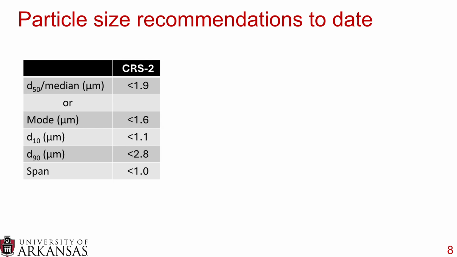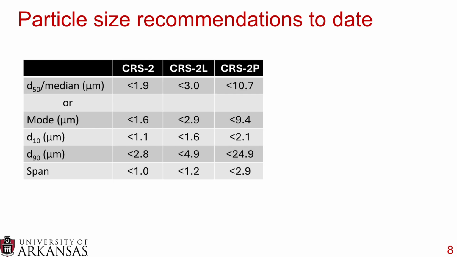We can just look at the median, the D50, or we can look at that collection of four below there, and you can see the four different values, 1.6, 1.1, 2.8, and 1. All those values have to be less than those I listed in order to be what we consider a good performing asphalt emulsion. And this has to do with correlating the viscosity specifications to the particle size and correlating the particle size to these performance tests.